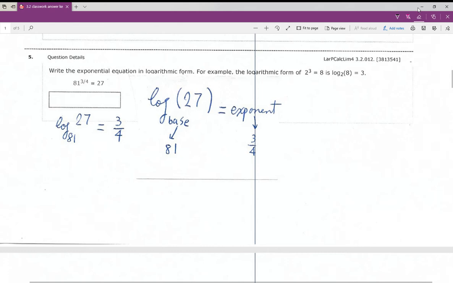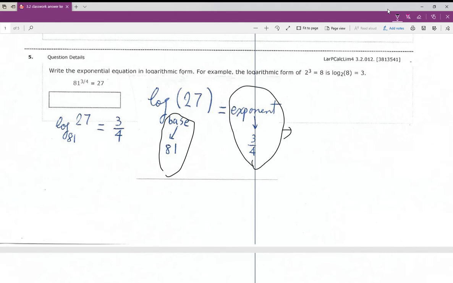Now, in the logarithmic equation, here you need to have a base, and the output, we call this the output. And what's the input? The input is here, right?